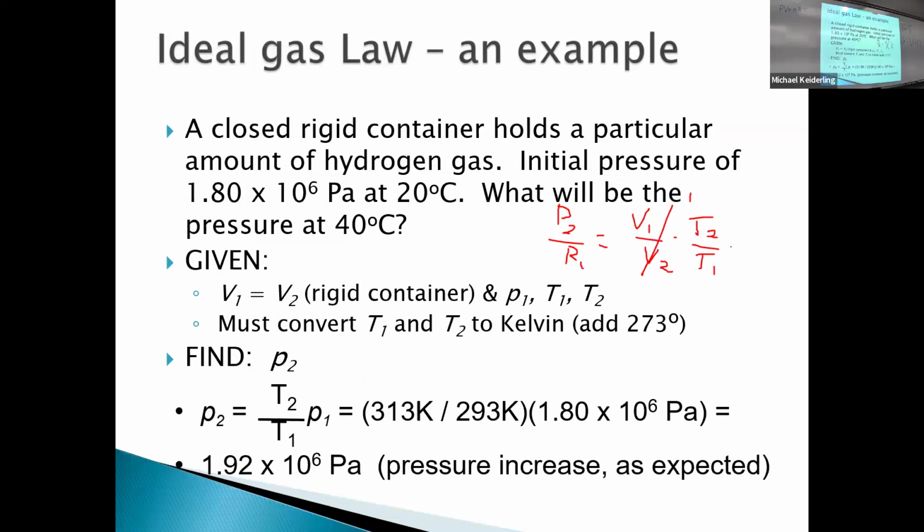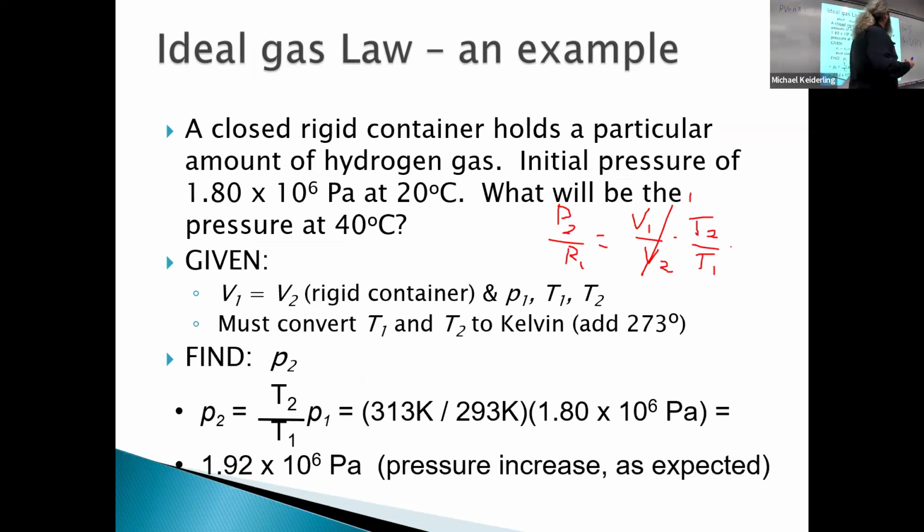So if you have a closed rigid container, N is constant. Rigid, volume constant. It holds a particular amount of hydrogen gas. The initial pressure is 1.8 times 10 to the 6 pascals at 20 degrees Celsius. What will the pressure be at 40 degrees Celsius?